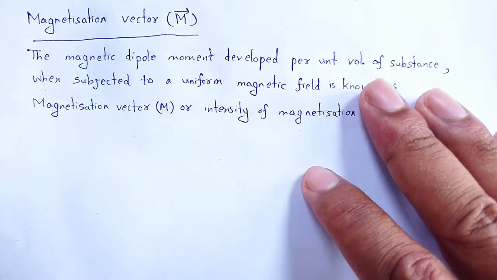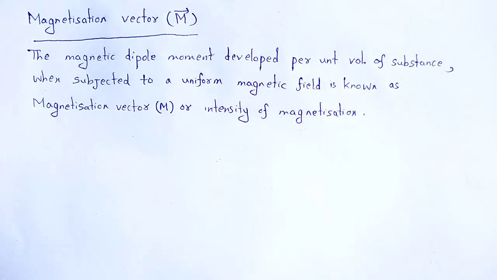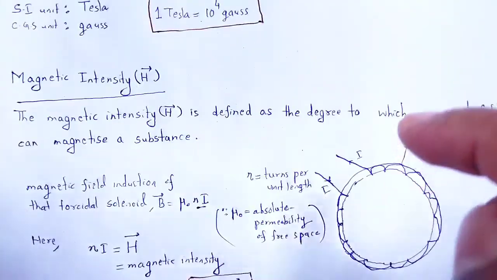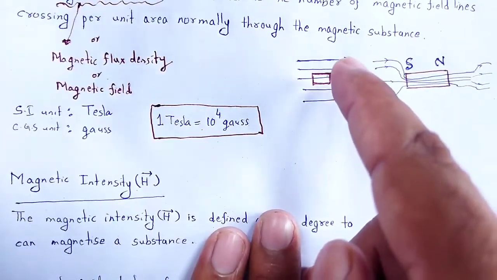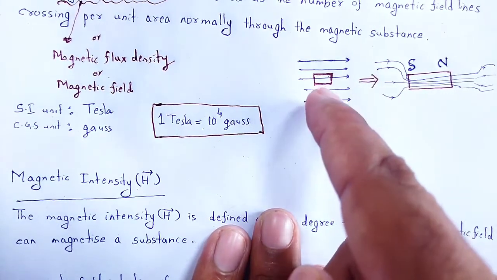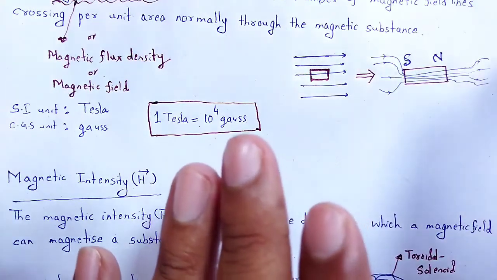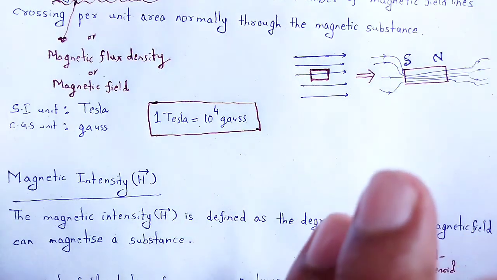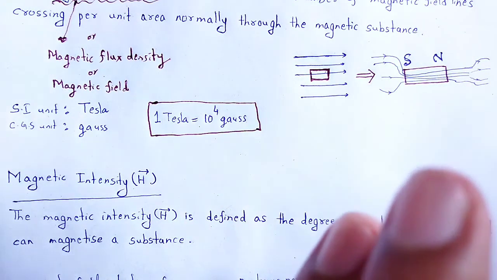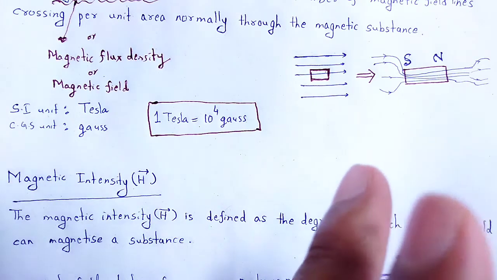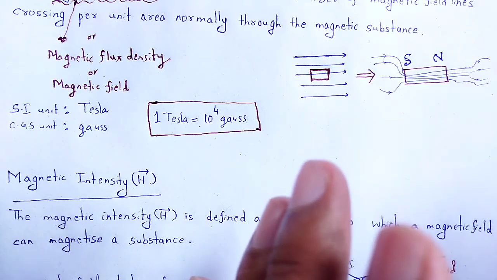Look here, when a substance is placed in a uniform magnetic field, it gets magnetized and attains a magnetic dipole moment, and the direction of the magnetic dipole moment is the same as the direction of the applied magnetic field.